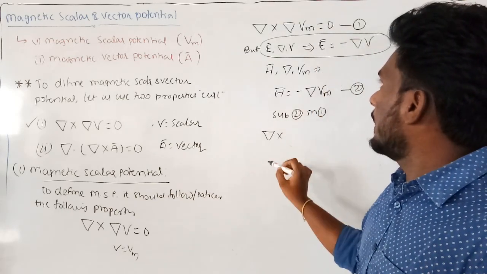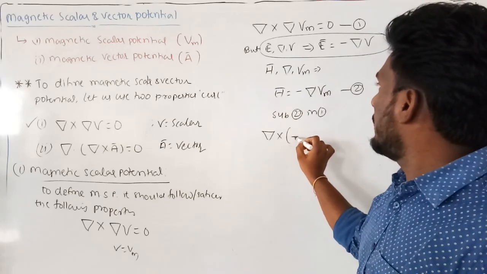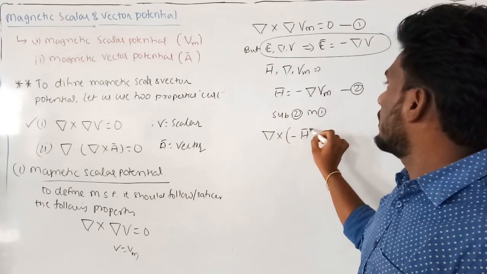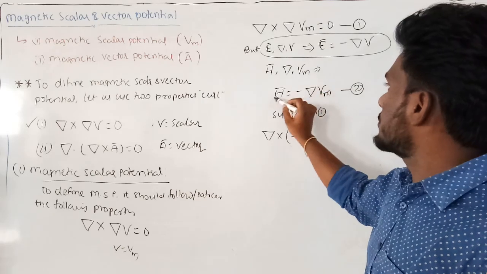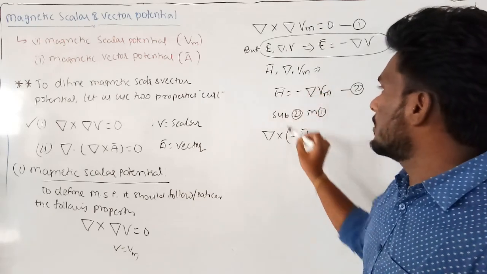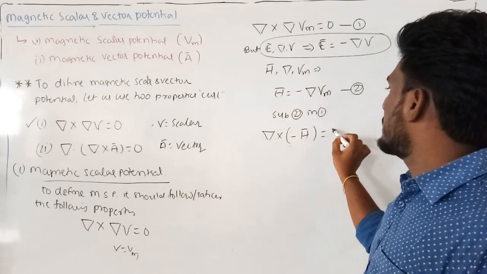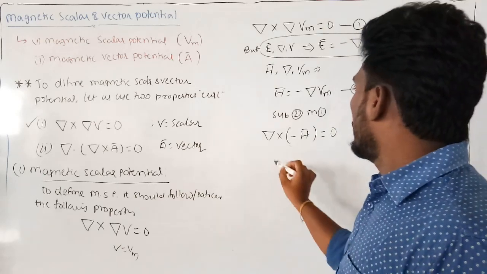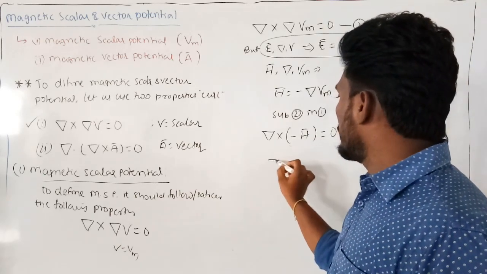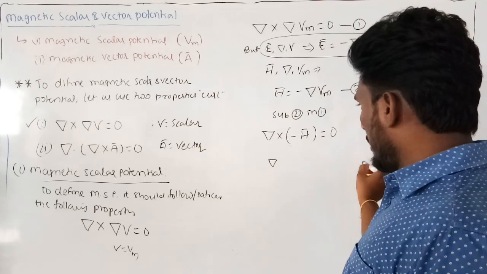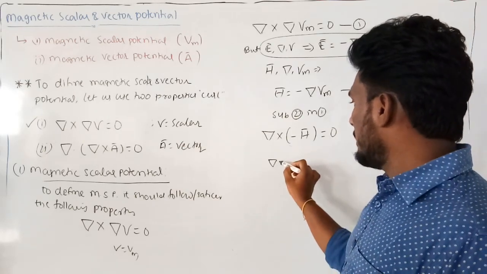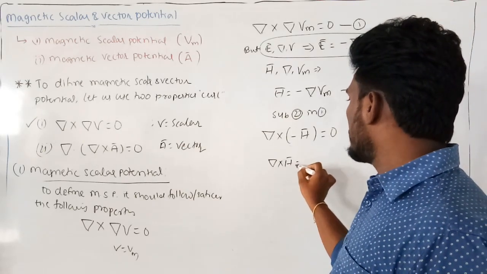Del cross of minus H bar. Instead of del Vm, I am substituting minus H bar. If you send the minus to the other side, you get this expression equal to 0. It is also equal to, if you send the minus term outside of the equal symbol, del cross H bar equals 0.